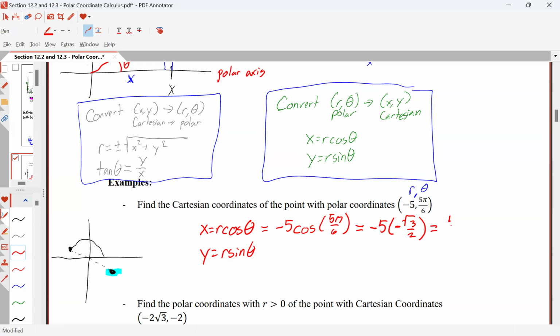So this works out to be 5√3 over 2. And for -5 sine 5 pi over 6, sine of 5 pi over 6 is 1/2. So this works out to be -5 over 2.